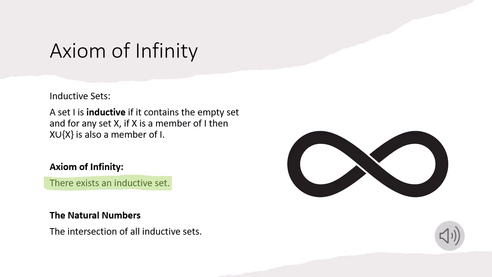First off, something you don't see on this slide is the definition of what's called the empty set. The empty set is just the set containing no elements at all, and by extension, it's a unique set.